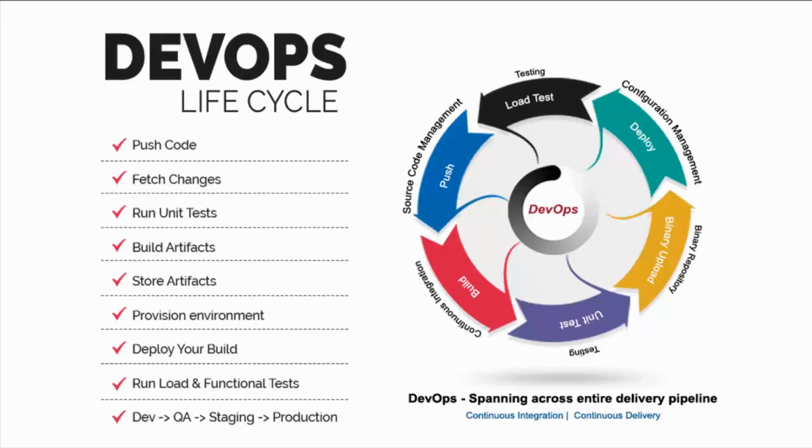So you push code, you can fetch changes, you can run unit tests, build artifacts, store artifacts, provision environment, deploy your build, you can run load and functional tests, and then of course from dev you can send it to QA, to staging, and finally to the production area.